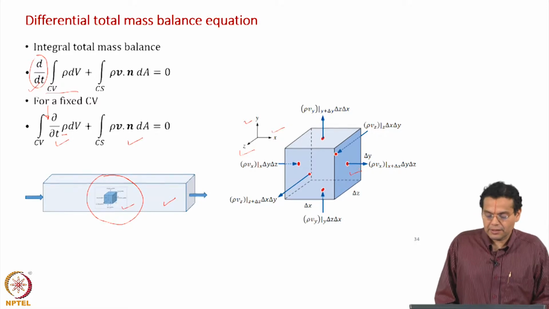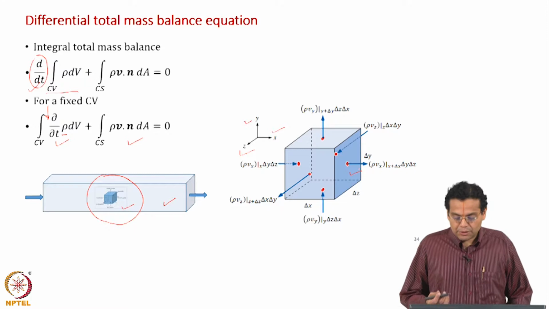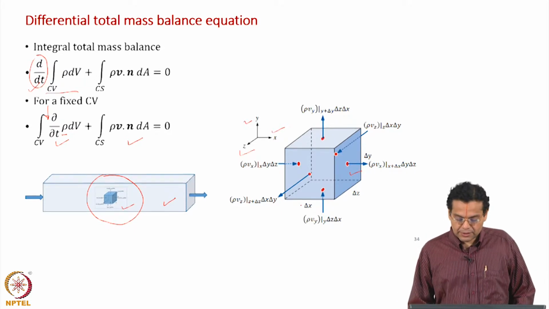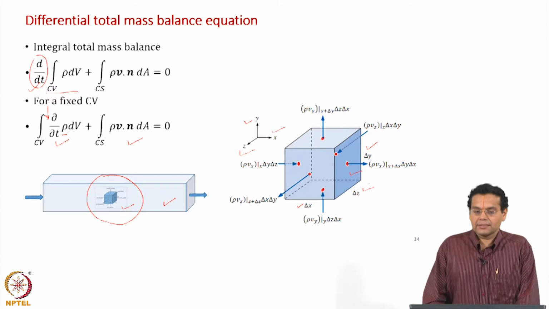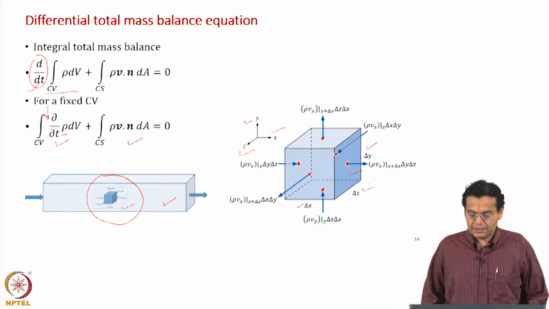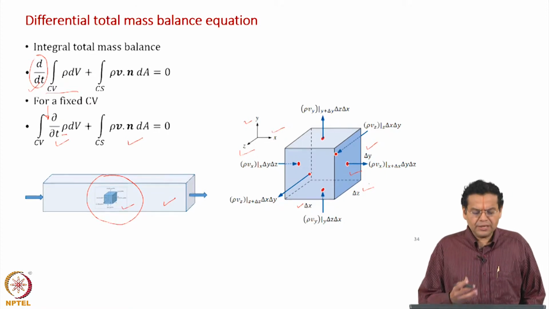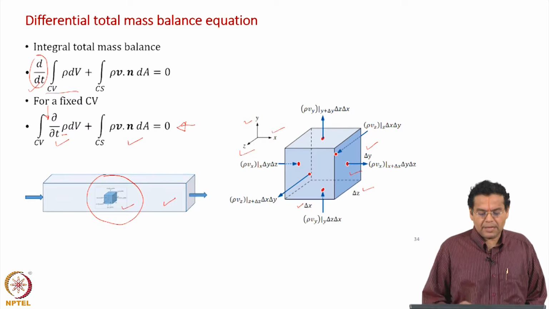As I discussed, we are restricting to the Cartesian coordinate system, hence we are taking a cuboidal control volume. The length along the x axis is delta x, along the y axis delta y, and along the z axis is delta z. Those are the dimensions of the cuboidal control volume which we are considering. So we are going to apply this form of the integral mass balance equation.